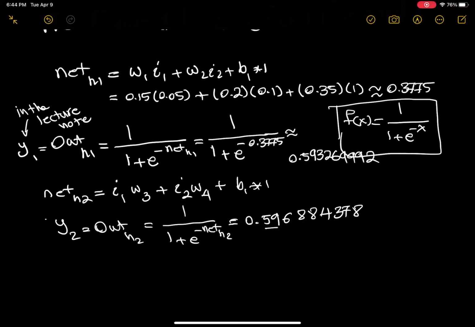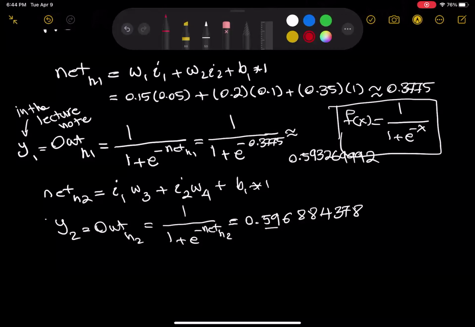So we have net of H1. Let me put a red here. And we have out of H1, we have net of H2, and we have out of H2 so far.